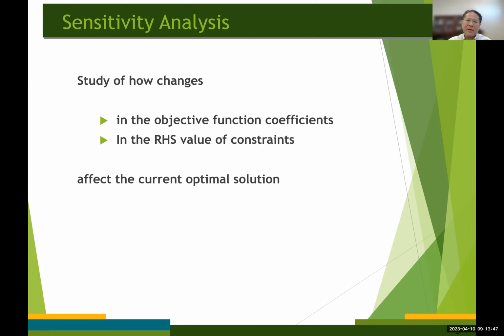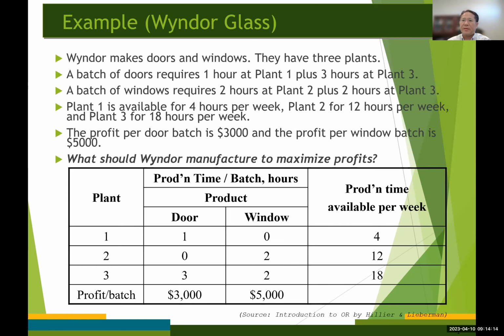So basically, if a parameter changes, then knowledge of sensitivity analysis enables us to determine from the original optimal solution how changes in an LP's parameters change its optimal solution without solving the problem again, okay? So that's why sensitivity analysis is very important.